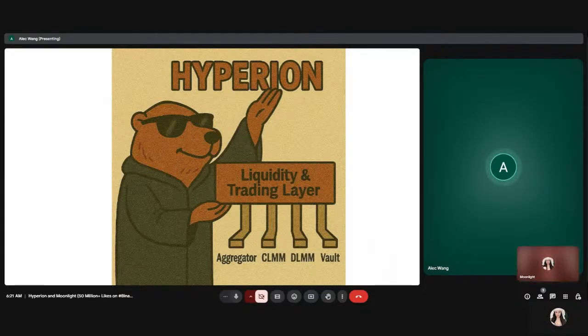Okay. And also for Vaults, that's one very interesting part of our strategy and our product, because we just announced that we launched the Vault this week. The Vault itself is a platform where strategy providers set their LP strategies on our platform.